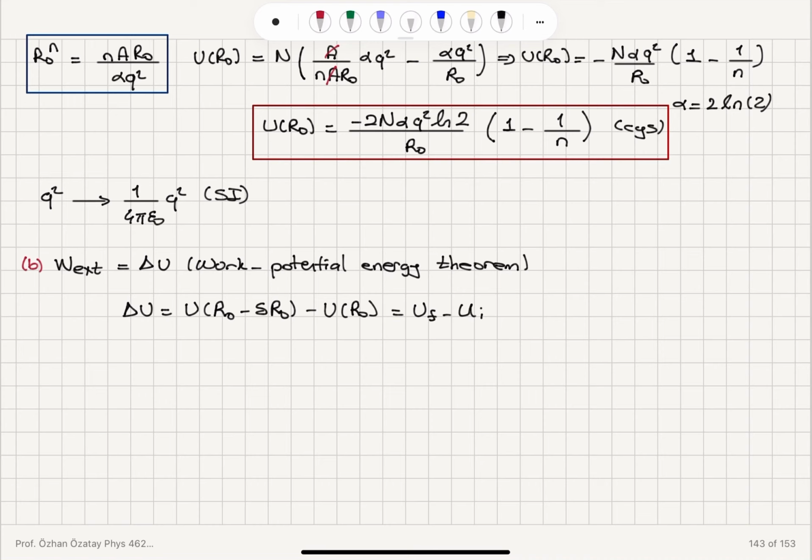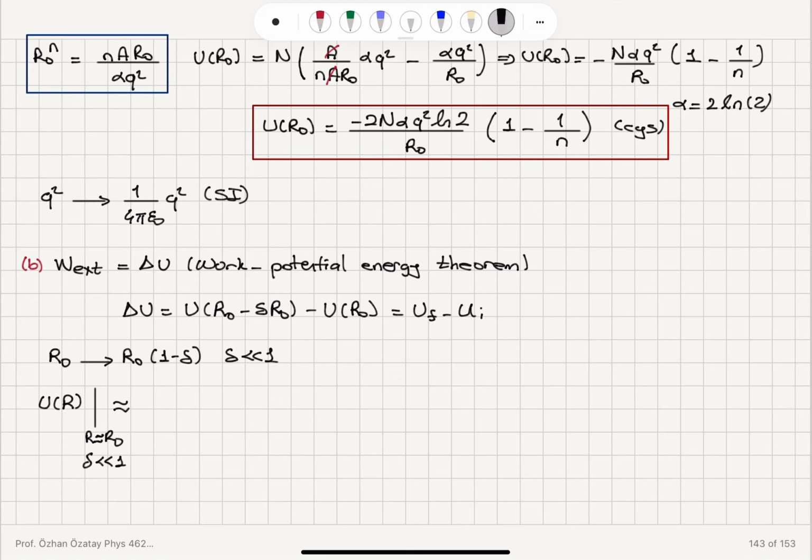Now, R is going to be R0 times (1 minus delta), where delta is much less than 1. It's a small compression. So if I look at U of R in the vicinity of R equals R0, delta is much less than 1.